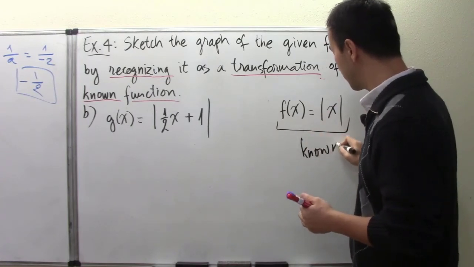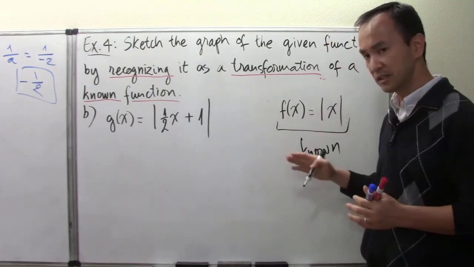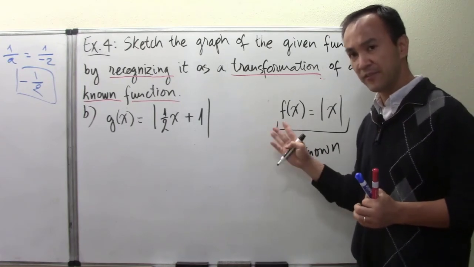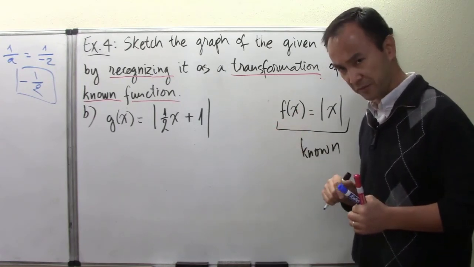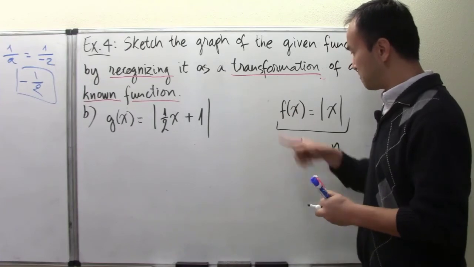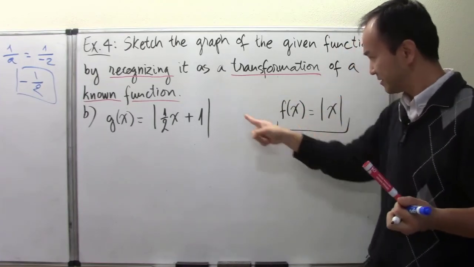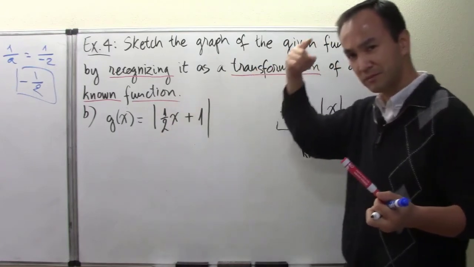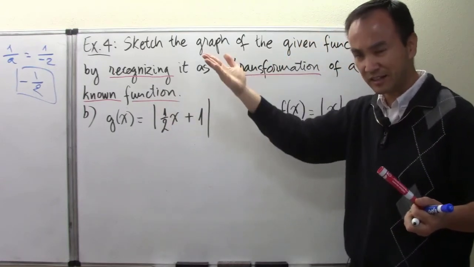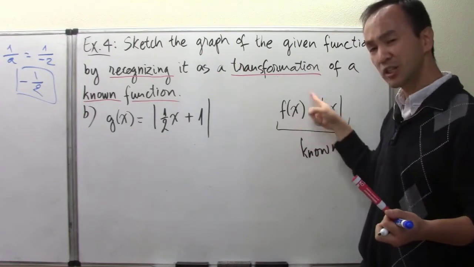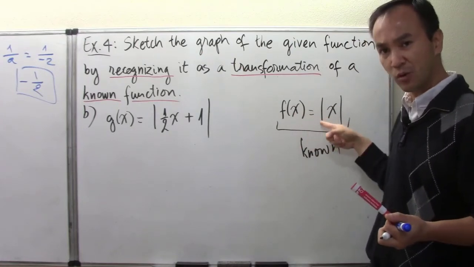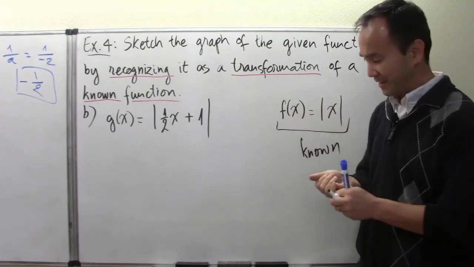It's known since the lecture where we were investigating the toolkit functions, okay? And that's all I'm saying. It's known just in the sense that we're seeing some absolute value. So that thought came through my mind that, hey, let's look at this known function, f of x equals absolute value of x.